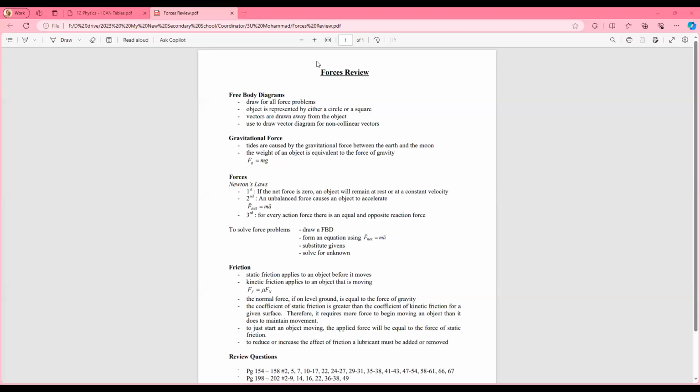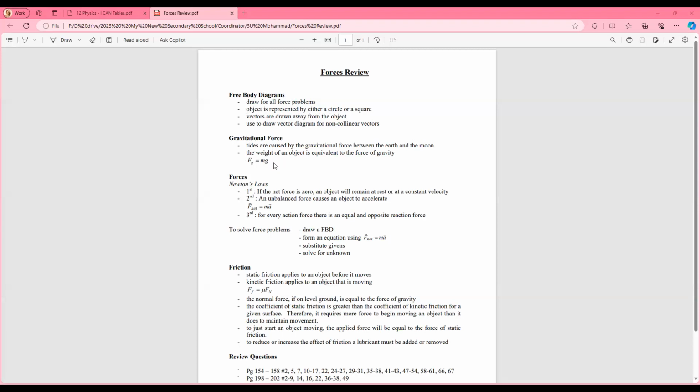Quick overview. What you need to know is how to make free body diagrams. You don't make a picture of the object, you make arrows. And force of gravity is different than mass. Mass is the amount of matter in a material, so how heavy or not heavy the object is.